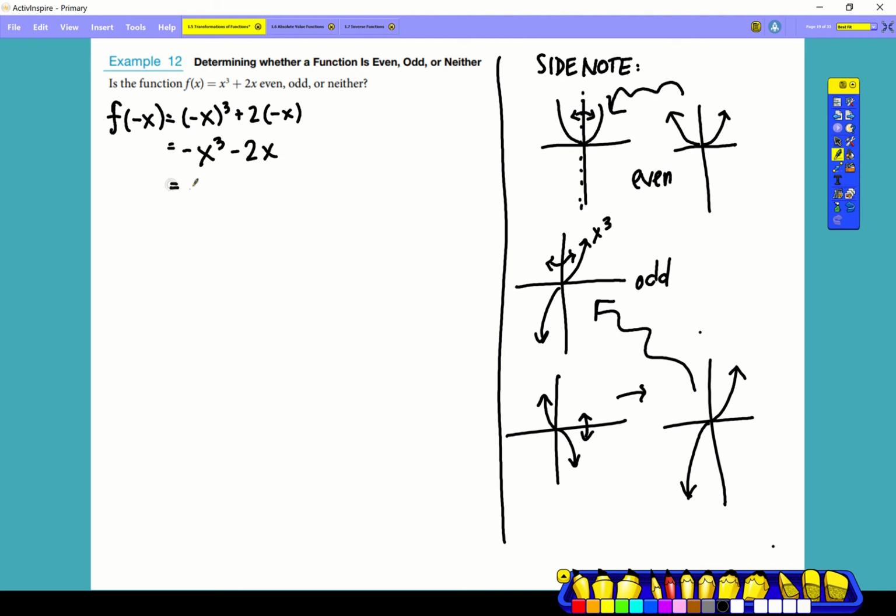So does that equal f of x? No, it does not. So it is not even. So what about negative f of negative x? So that means you're going to negate. Now watch this. This is a cool trick. So you're going to pretty much subtract this value or multiply this value by negative 1.